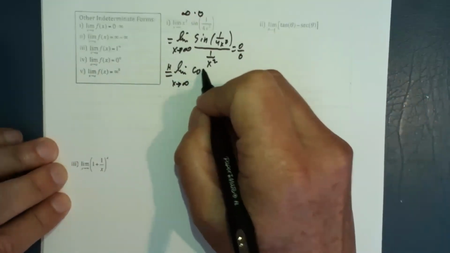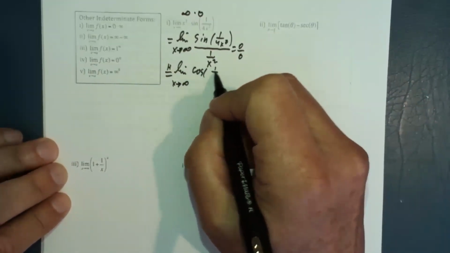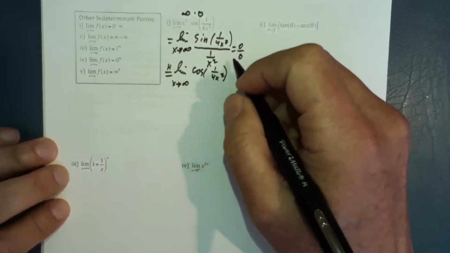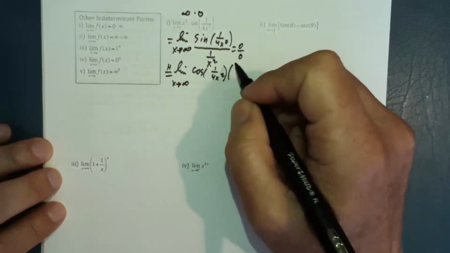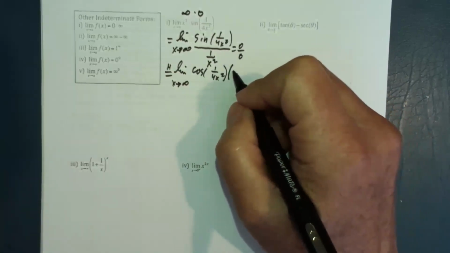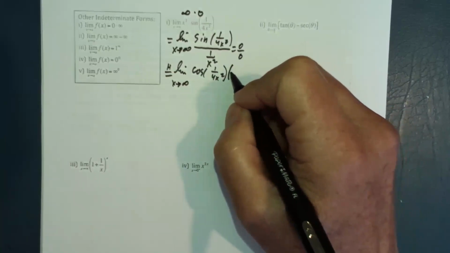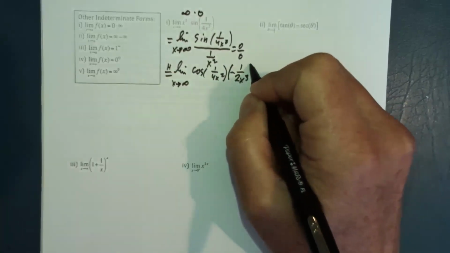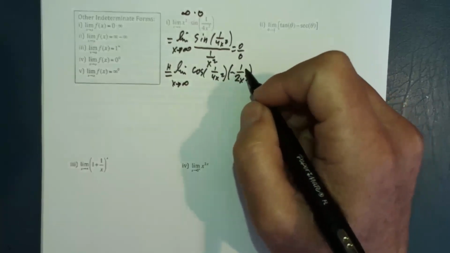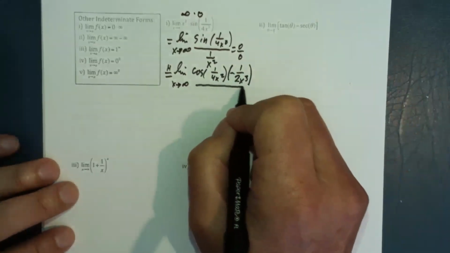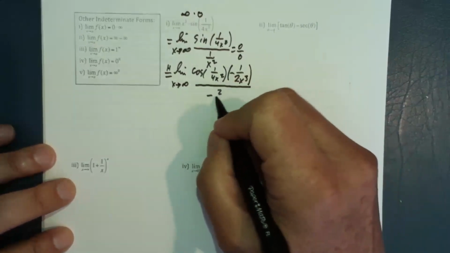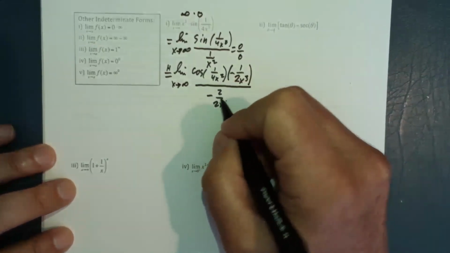Derivative of sine is cosine. Times, this becomes negative 1 over 2x cubed. And this is over negative 2 over 2x cubed, x cubed, pardon me.